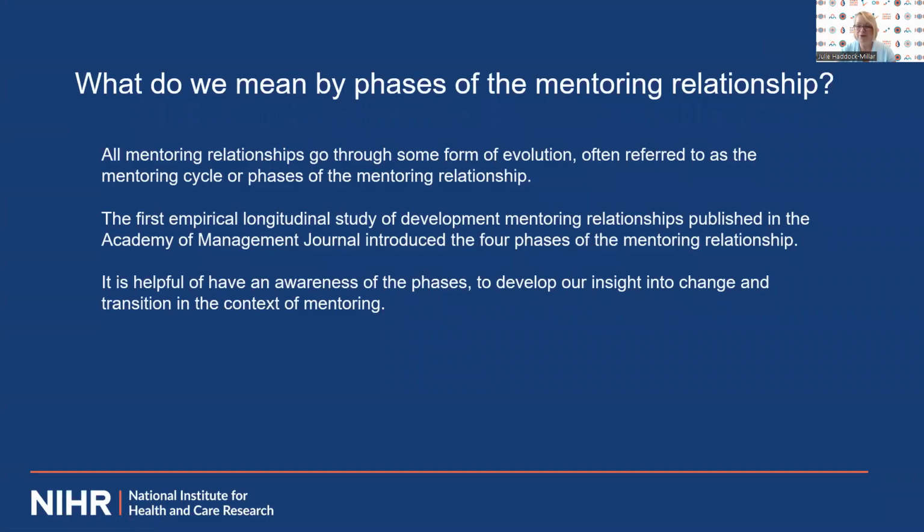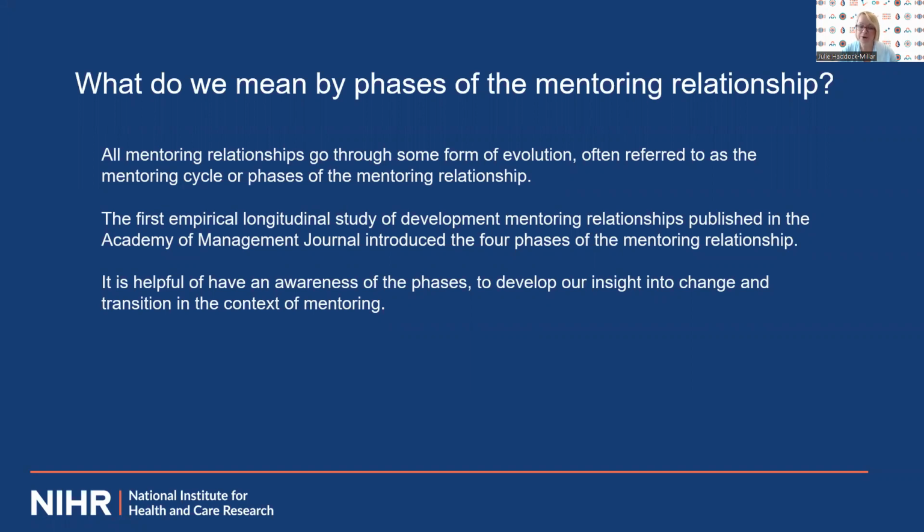So what do we mean by phases of the mentoring relationship? All mentoring relationships go through some form of evolution. We see it in literature referred to as cycle, phases, or stages.